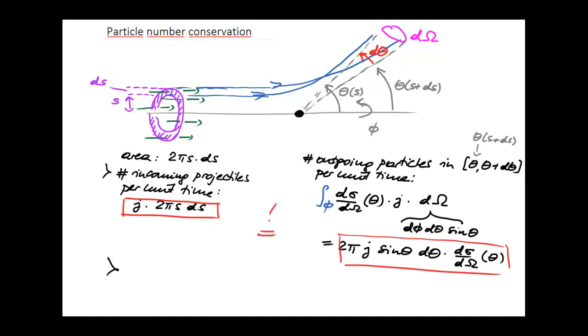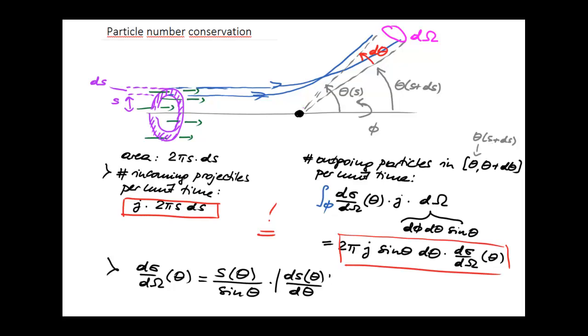You can solve this equation for the differential cross-section, and you find that this is S, the impact parameter, which we said is a function of theta, divided by sine theta times ds over d theta.